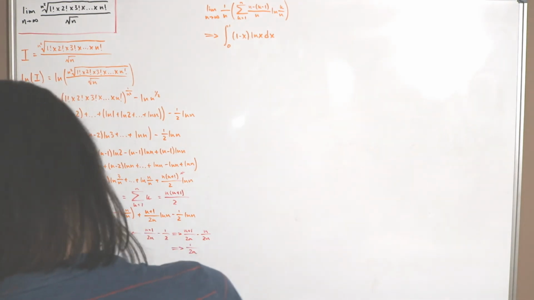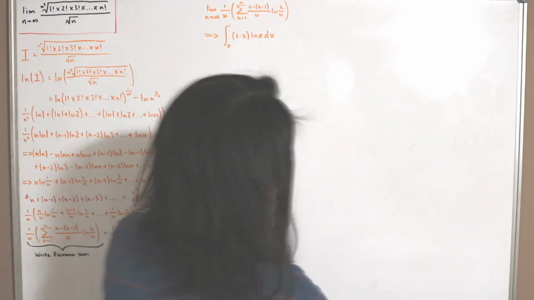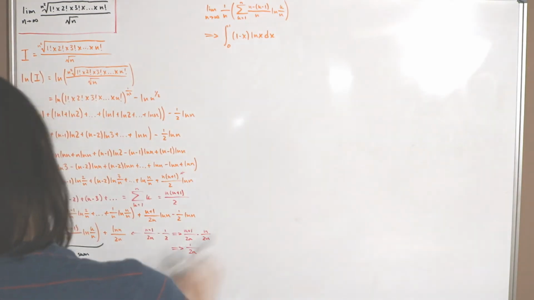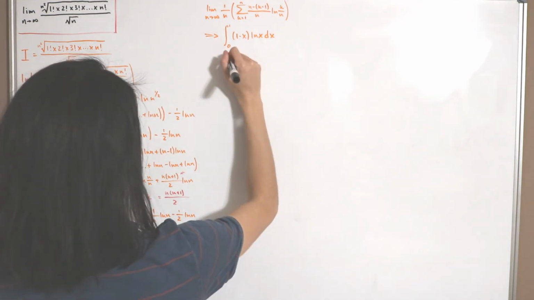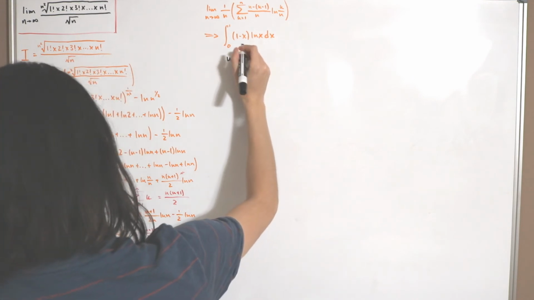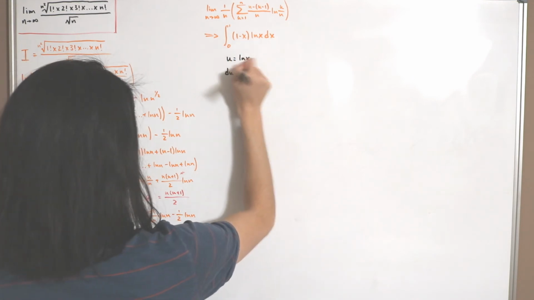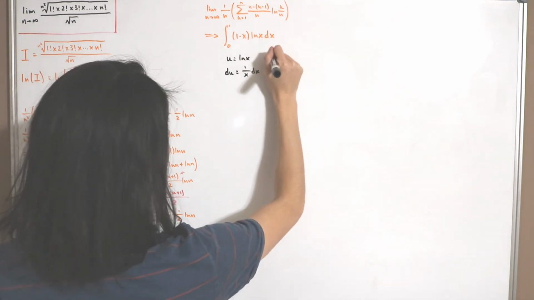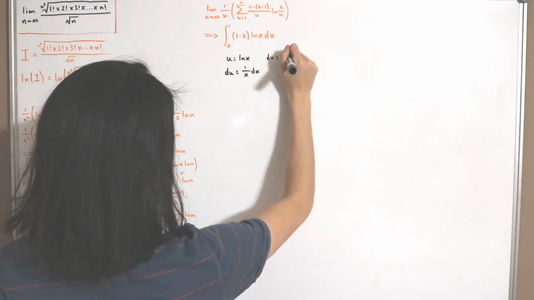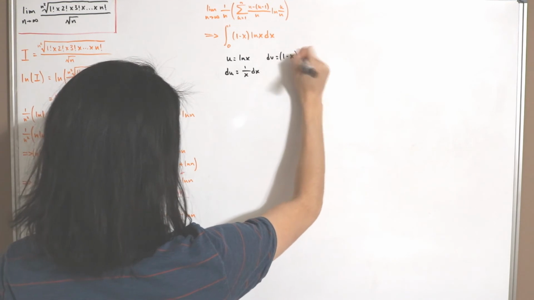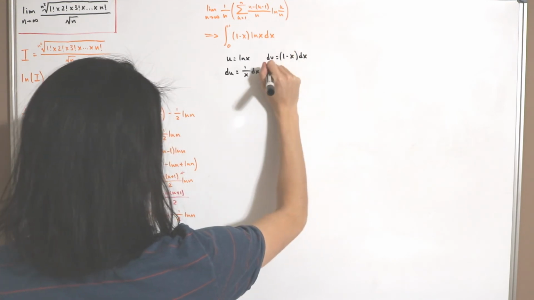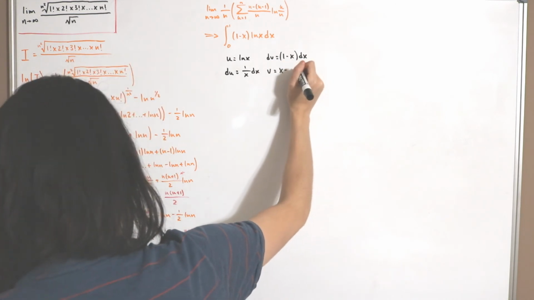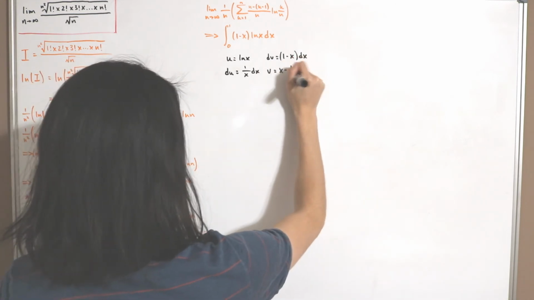From here, it's not that difficult to show that we will need to do some integration by parts. So I'm going to let u equal ln of x, du equals 1 over x dx, then dv equals (1 minus x) dx, then v is equal to x minus 1/2 x squared.